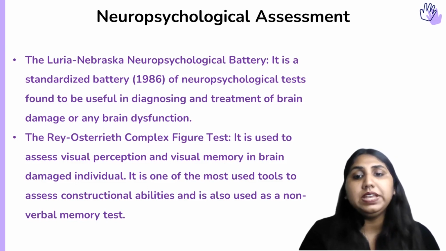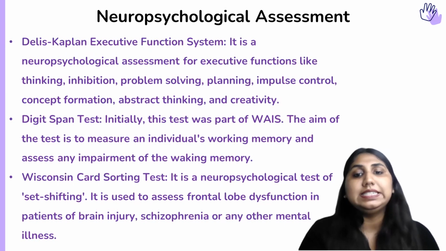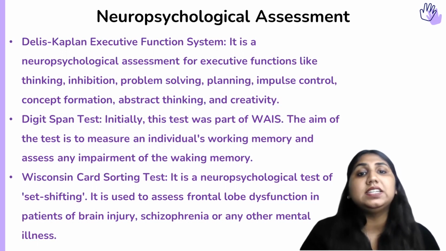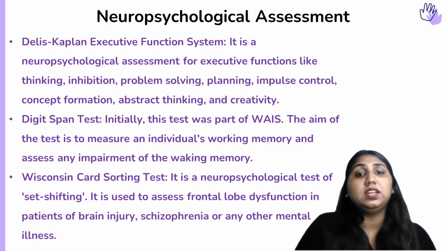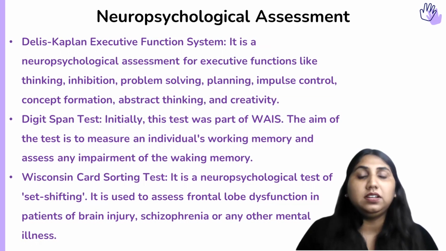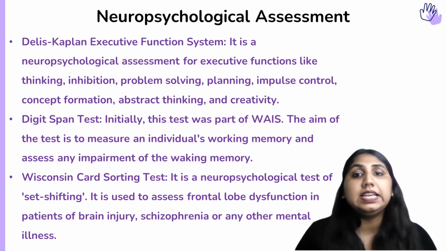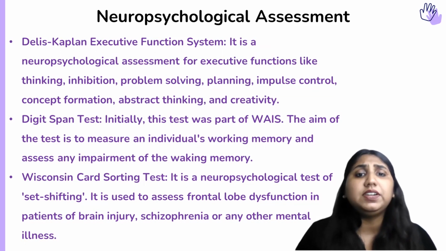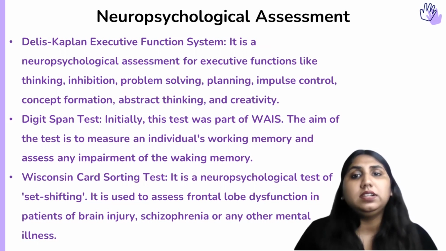Okay. Moving ahead, next we have the Delis-Kaplan Executive Function System test. When we talk about the executive function system, it includes all the major systems of our brain, which is thinking, inhibition, problem solving, planning, impulse control, abstract thinking, creativity. All these concepts come under this particular test.